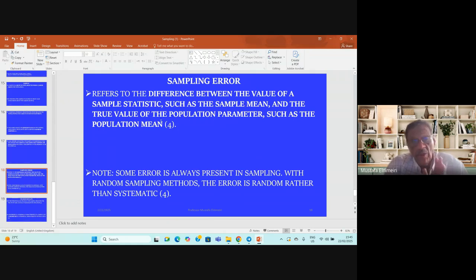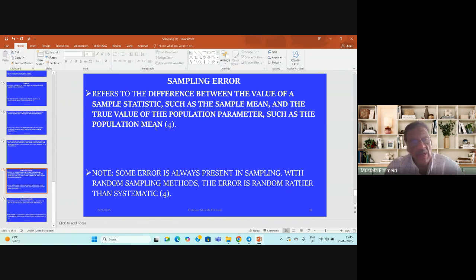The sampling error refers to the difference between the value of a sample statistic, such as the sample mean or any other measurement, and the true value of the population parameter, such as the population mean.